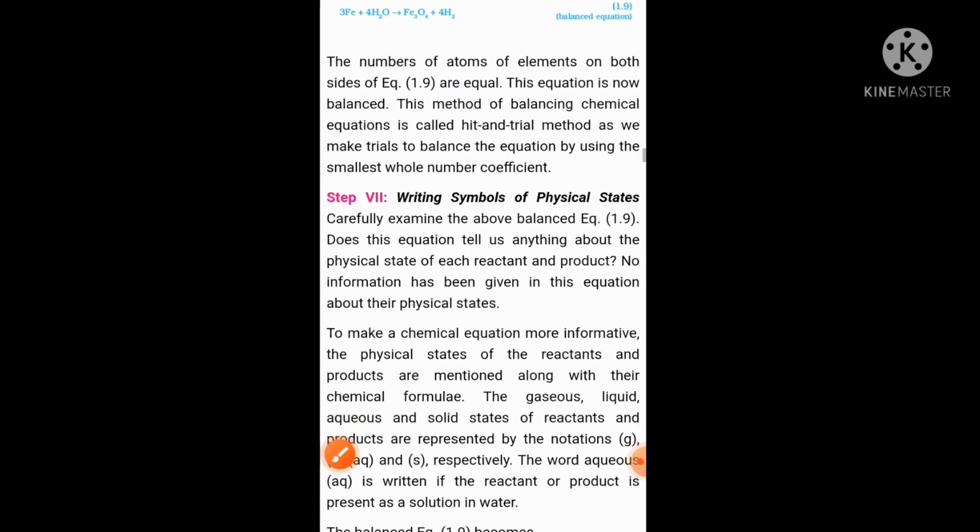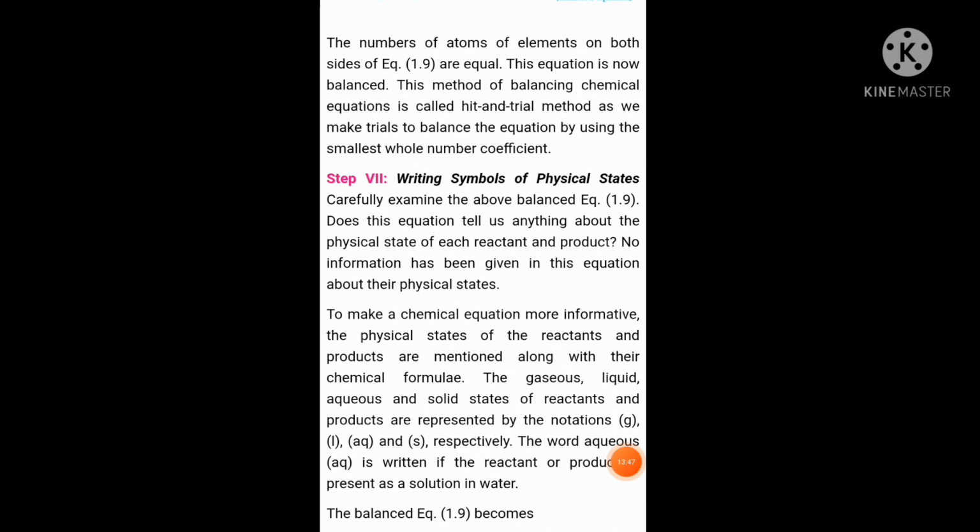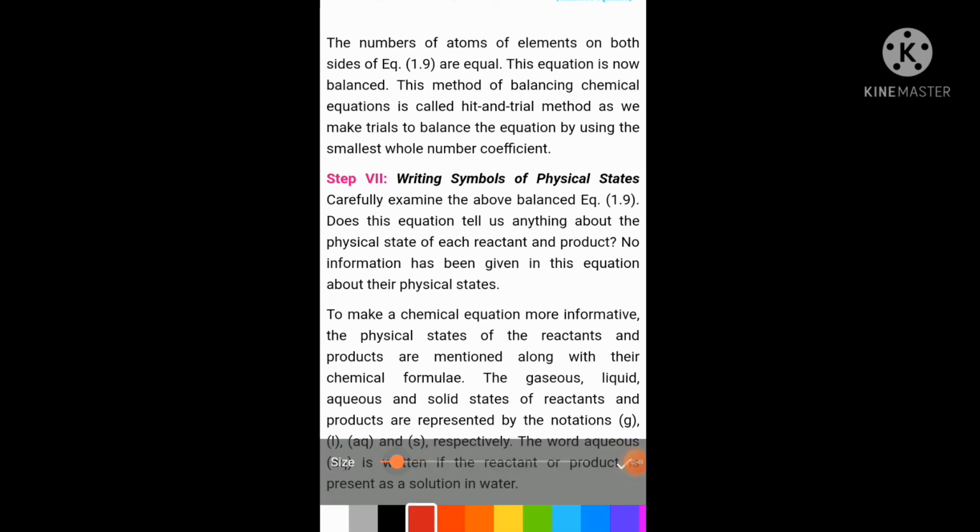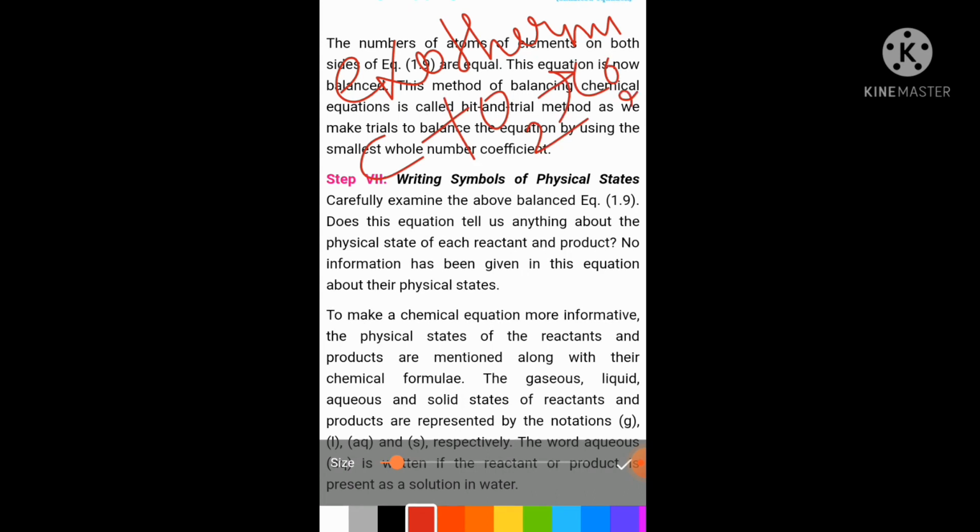Okay, in exothermic heat is evolved, like carbon plus oxygen forms carbon dioxide plus heat. So here heat is evolved in this reaction, it is given out.